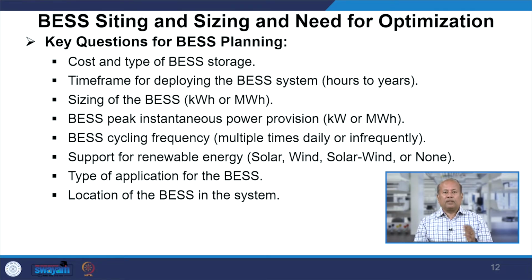And sizing of the BESS, which is quite important, in terms of kilowatt hours in distribution systems, and in large systems probably it could be in megawatt hours. So the question is how much, whether it's 100 kilowatt hour, 1000 kilowatt hour, 2000 kilowatt hour, 10 megawatt hour, and so on. The battery technology peak instantaneous power provisions, that is kilowatt or megawatt.